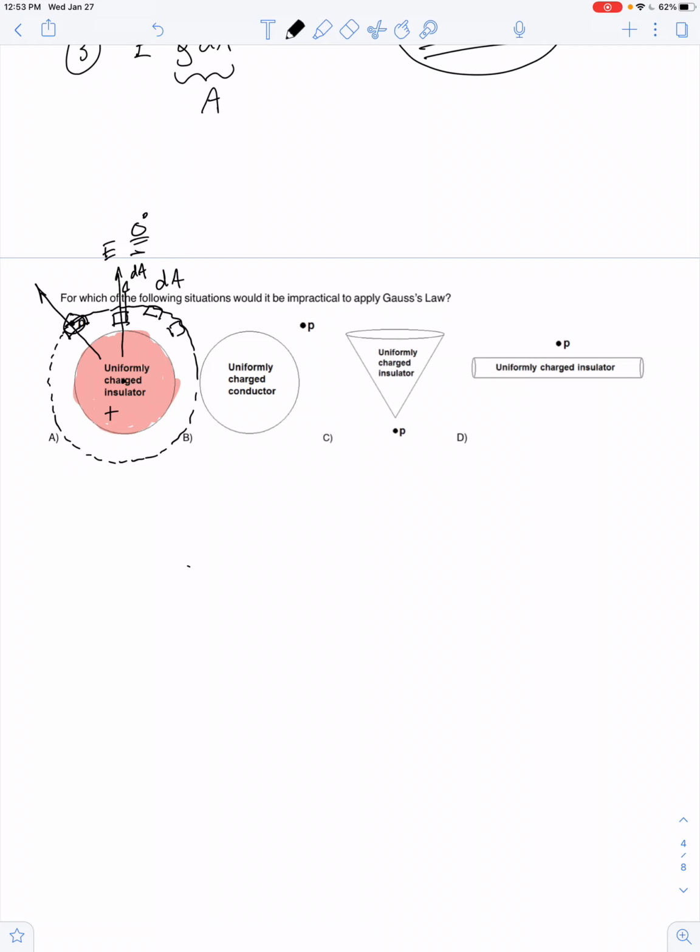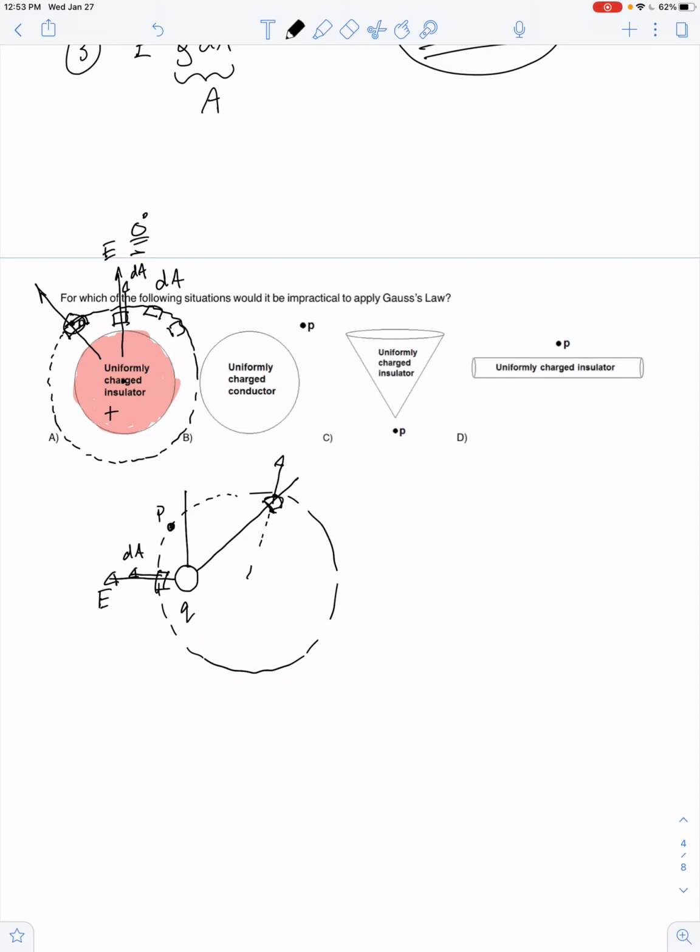Now, if we had a situation where we have a charge Q and we use a sphere as a Gaussian surface, but it's not concentric with it, and maybe we're trying to find the electric field at this point P, well, the electric field that passes through that little element of area forms an angle of 0 degrees with the area vector. But here, the area vector for this little patch points in that direction, right?